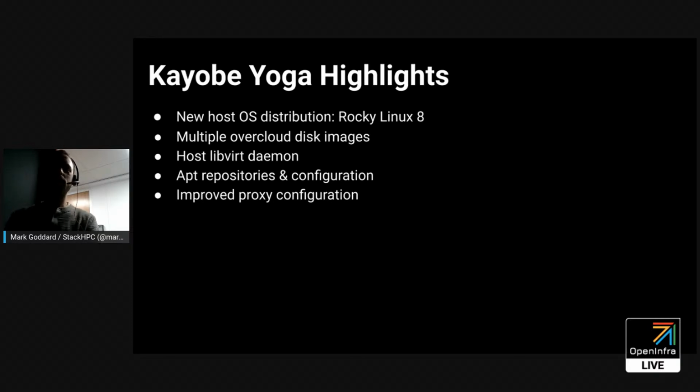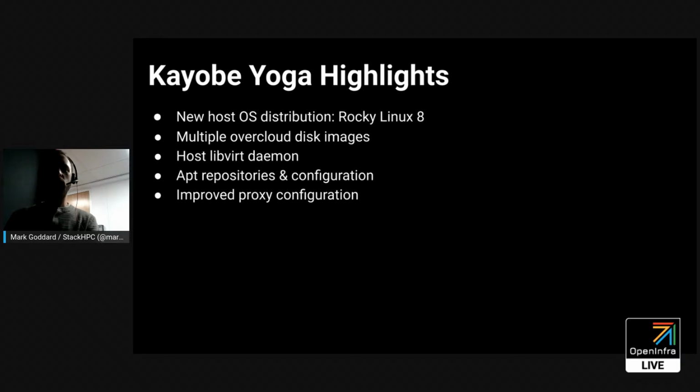On the Kayobe side, we've got support for Rocky Linux as a host OS. We've got support for building and using multiple different overcloud disk images. So if you wanted to have, say, your controllers using a different image to your compute nodes, then that is now possible and, well, certainly much easier than it was before.